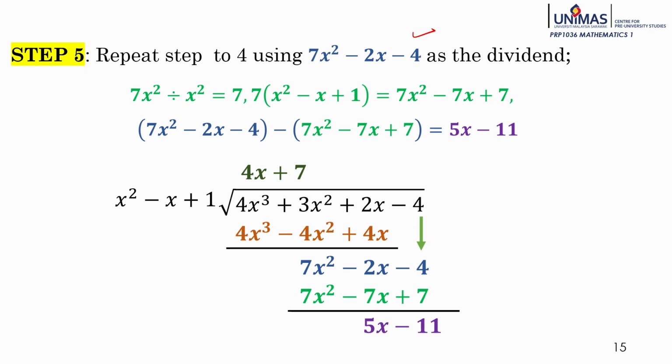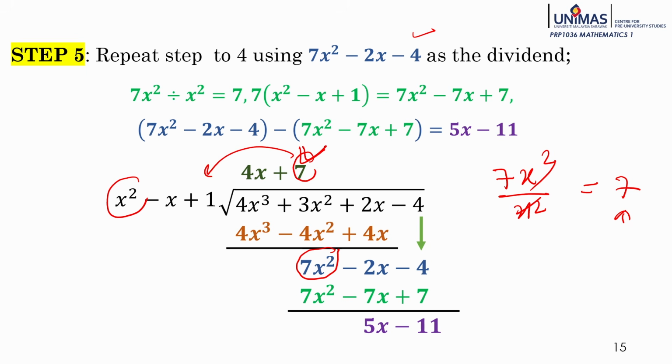So we repeat again: this term must be divided by this one. 7x squared divided by x squared gives 7, so we put plus 7 here because it is positive. Then 7 must multiply by x squared minus x plus 1.